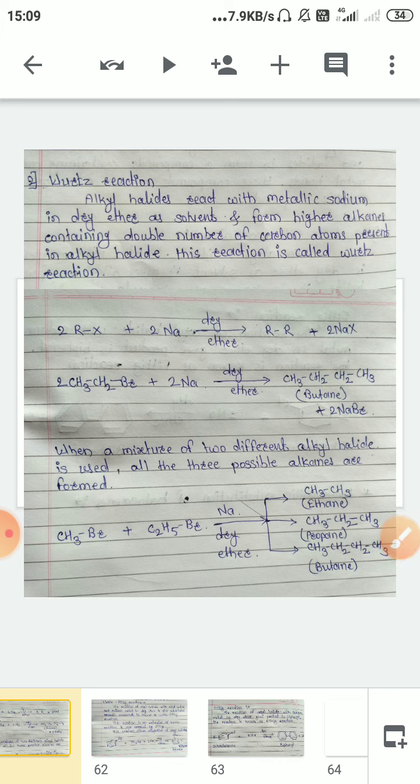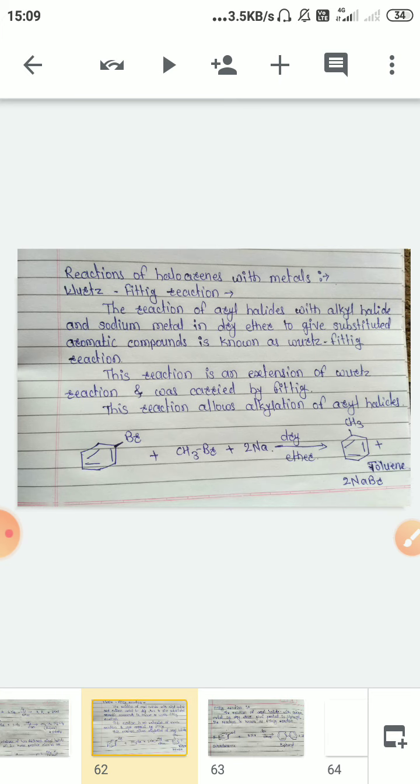Now we are going to see the Wurtz-Fittig reaction. The reaction found by Wurtz was extended by the scientist Fittig, and therefore this reaction is known as the Wurtz-Fittig reaction.